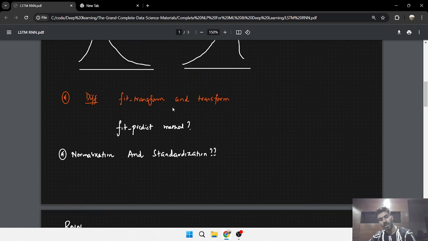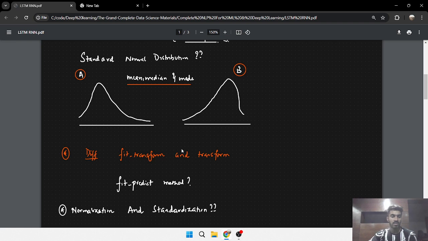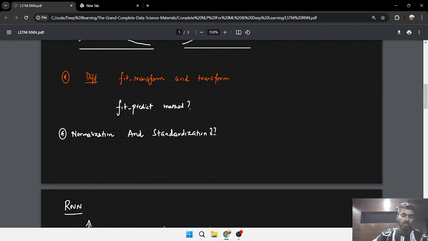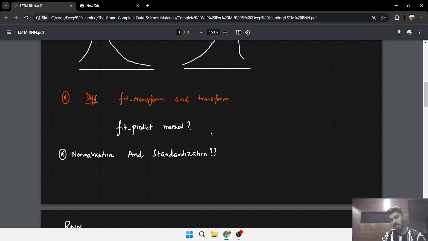Now the second interview question: what is the difference between transform and fit transform? This is also a very good question. We apply fit transform on our training data set and transform on our testing data set.